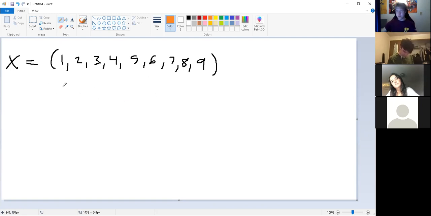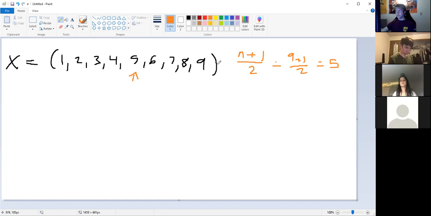How you find your quartiles starts with the median of the entire data. In this case, it's 5, because we have 9, so n plus 1 over 2 because it's odd. In this case, it's 9 plus 1 over 2. So 5 is our middle point.